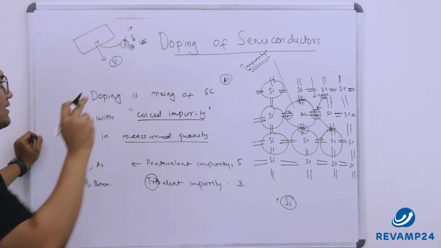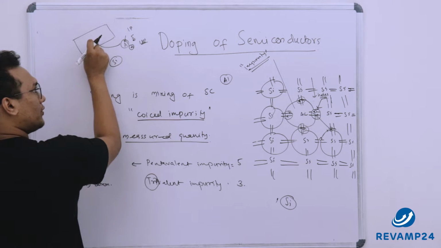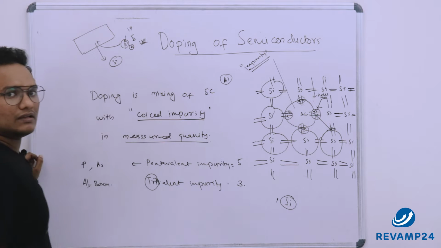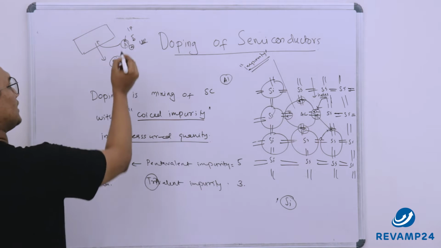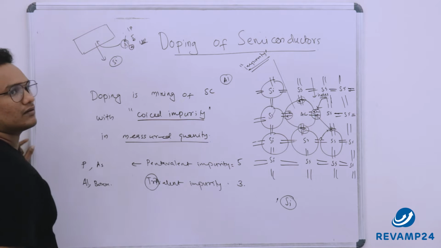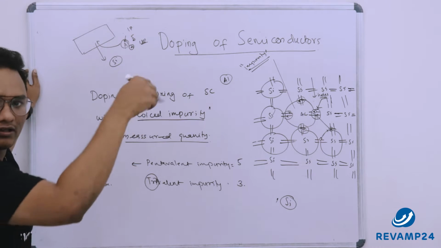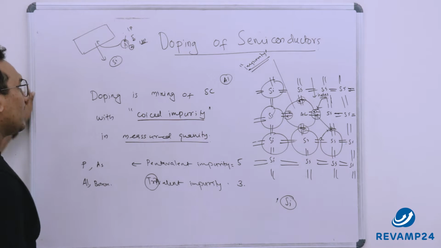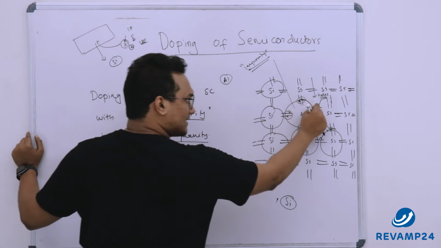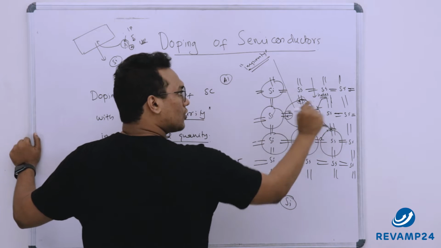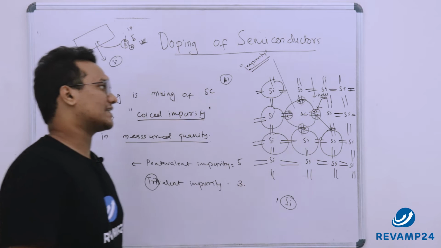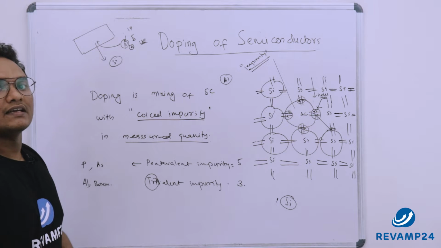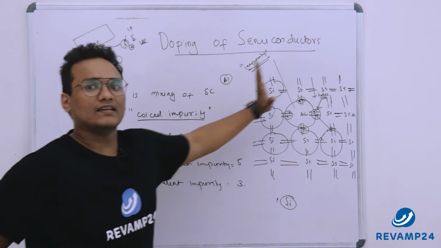Is that clear? The impurity I am adding has more protons in it, equal to the number of electrons it is having in the orbits. So anyway, I could say that it has got an excess electron. Now this electron would contribute towards conduction, but the net charge of an extrinsic semiconductor is 0, though it is having an excess electron.